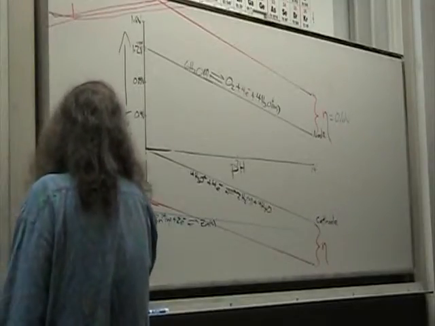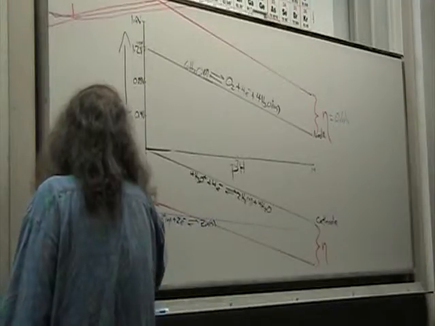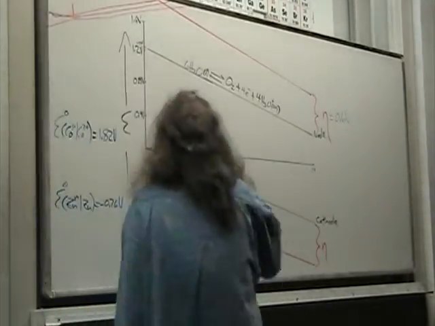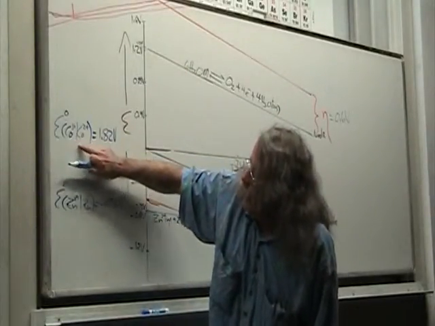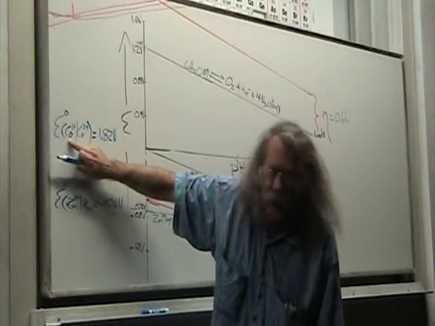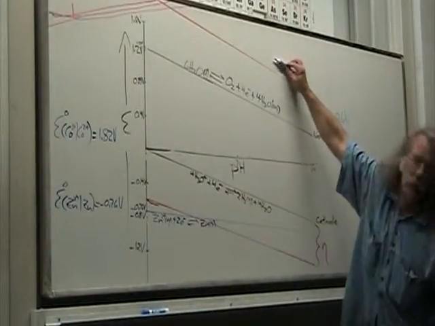That occurs at around 1.82 volts. So the oxidized form of this couple is unstable in water because it is above this line.